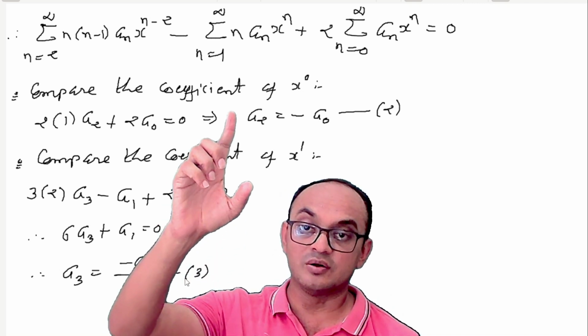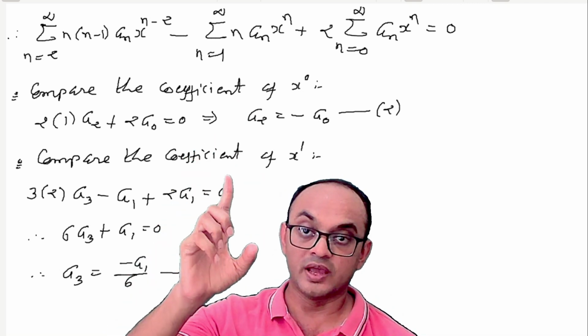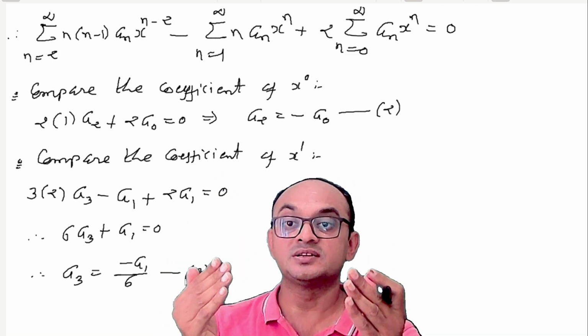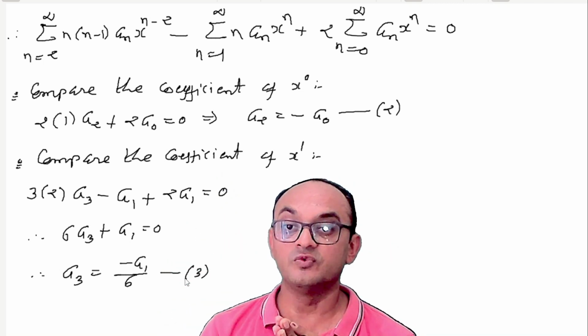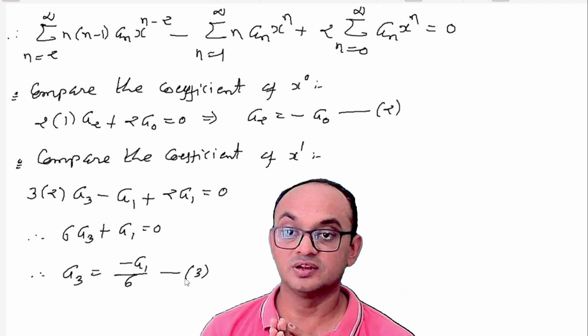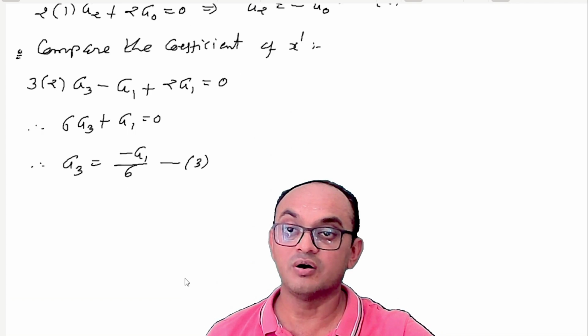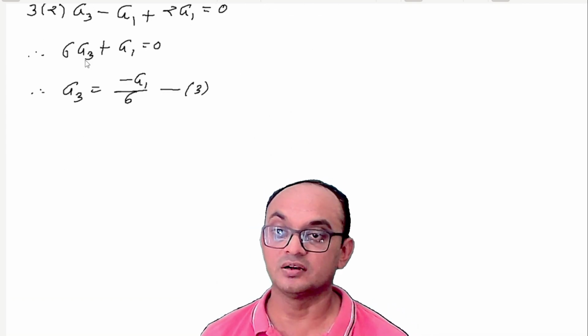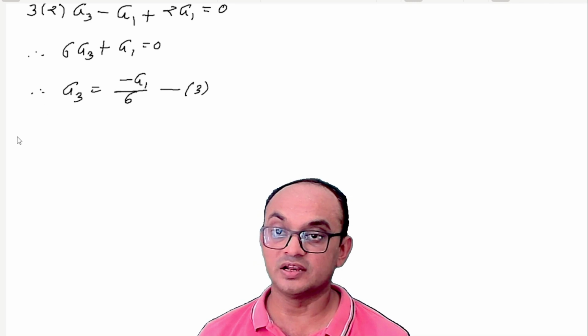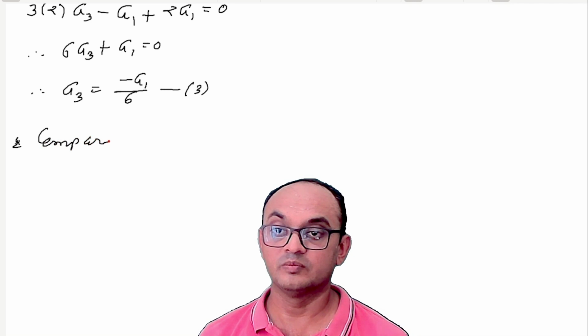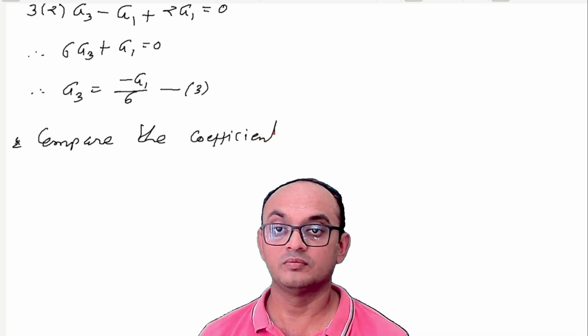So this is the comparison of the coefficient of x raised to 0 and x raised to 1. Now likewise, for x raised to 2, x raised to 3, x raised to 4, you have to compare all these coefficients. In general, let us compare the coefficient of x raised to r.